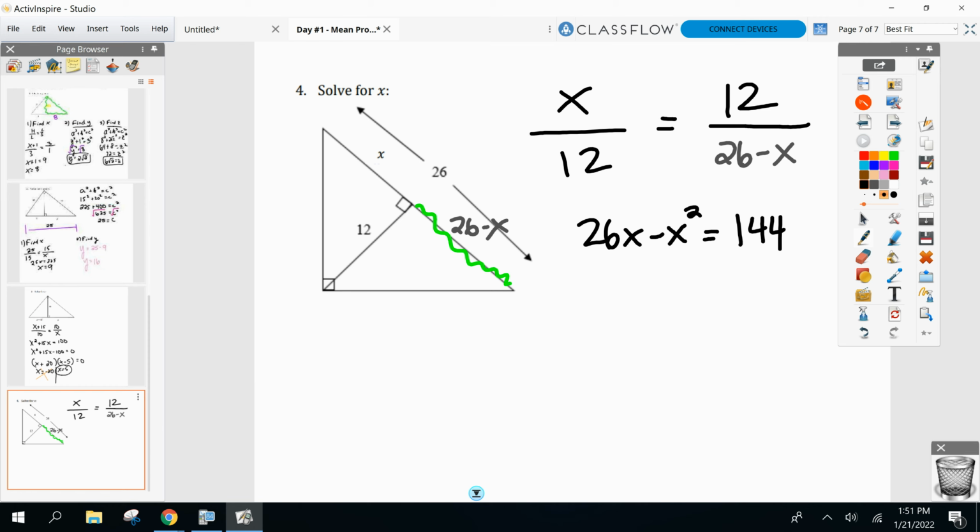Keep them positive. I know it's inconvenient to move over two things versus one. But move over 26x and negative x squared so it becomes positive. So you're going to have 0 equals positive x squared, put them in order, minus 26x plus 144. Get your x squared positive.